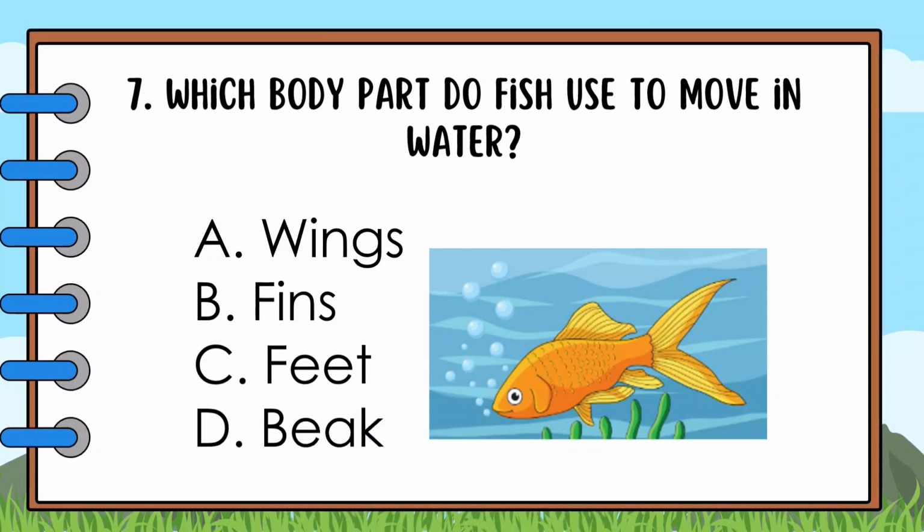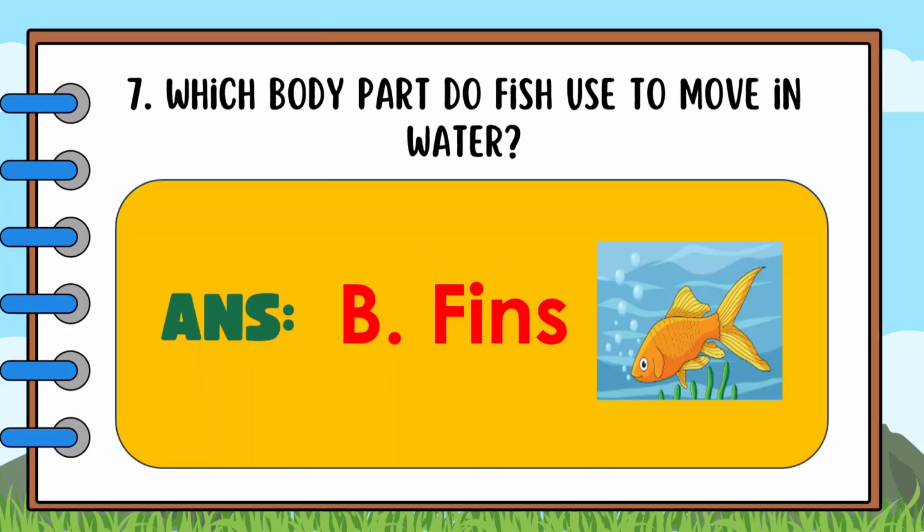Which body part do fish use to move in water? A. Wings, B. Fins, C. Feet, D. Beak. The answer is B. Fins.